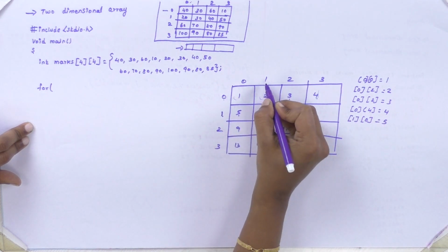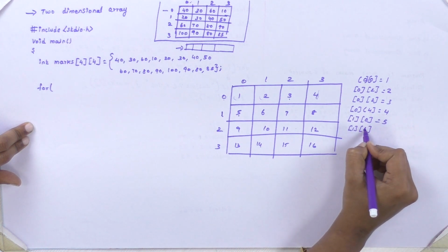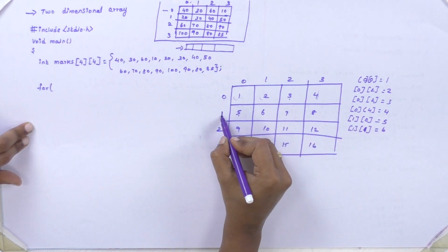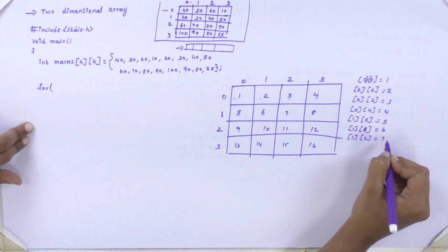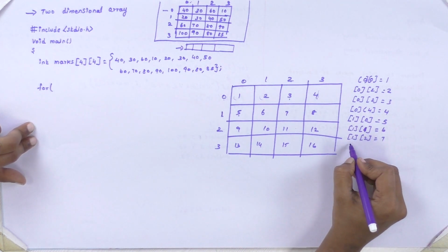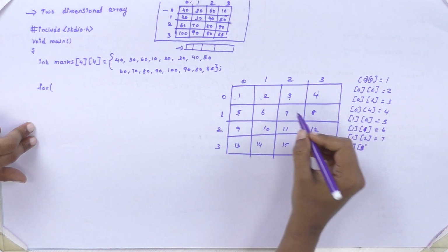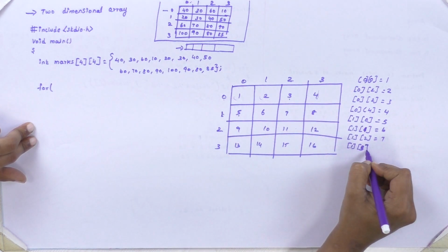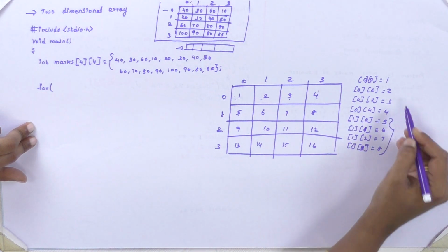Next 1, 1 represents the value 6. Next 1, 2 represents the value 7. Likewise it will increment. So 1, 3 represents the value 8. Now the second row is completed.